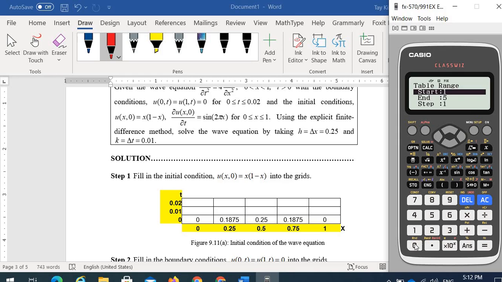Starting 0, ending 1, step is 0.25. So in one shot, you don't need to calculate one by one and input the x value 5 times. Straight away you can get the whole initial condition value out. If you want to turn off this g(x), you need to press shift for that.